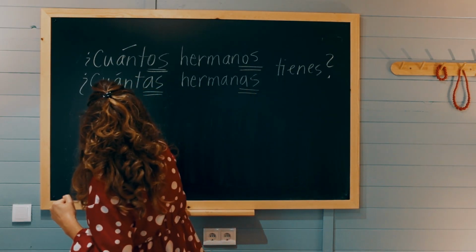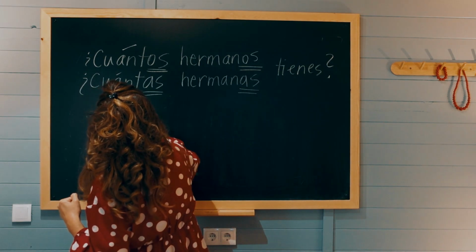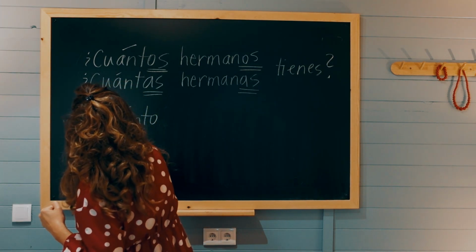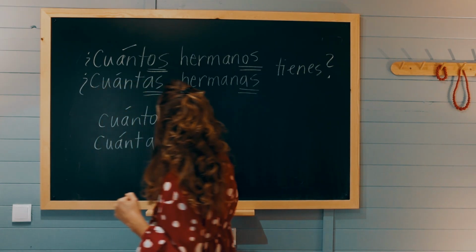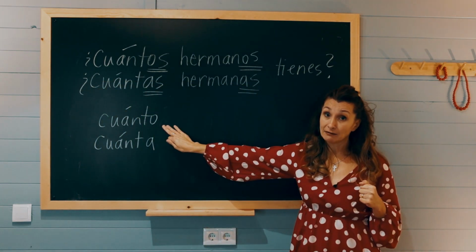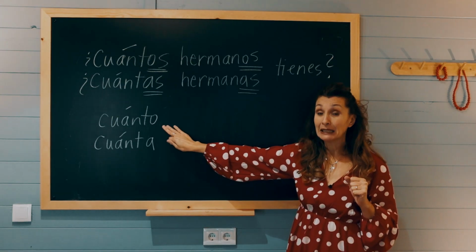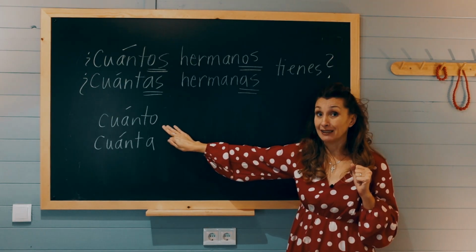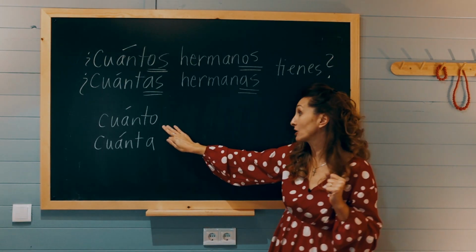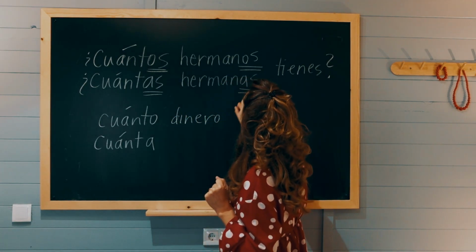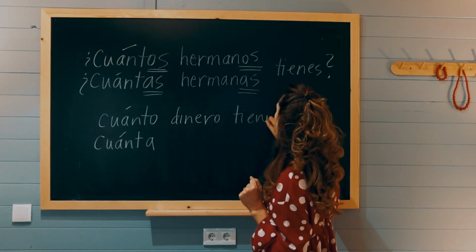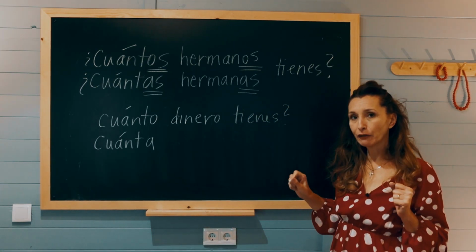Okay, so you will have cuánto and cuánta. Okay, cuánto for masculine noun. For example, money in Spanish is masculine. Dinero is masculine. So, ¿cuánto dinero tienes? How much money have you got on you?